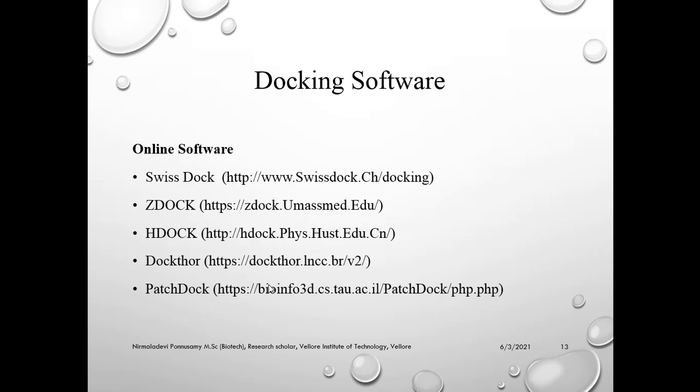For docking software, in this section I have categorized a list of three kinds of software. One is online, another one is installed, another one is purchased. The three different categories of docking software I have provided along with the URL links. If you need detailed information about these software and why we are using each particular server, I will give all that information in my next video.